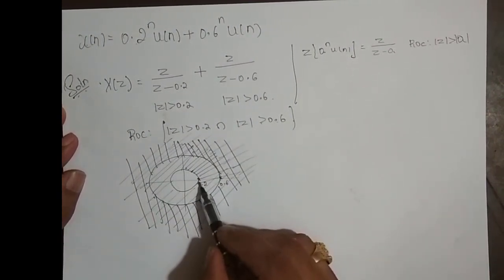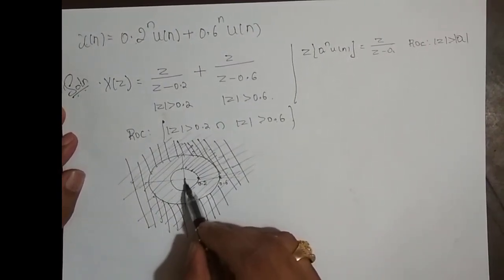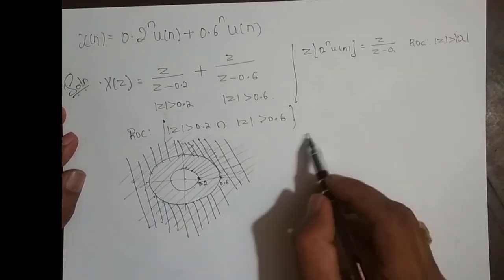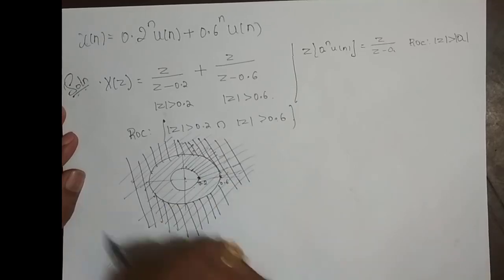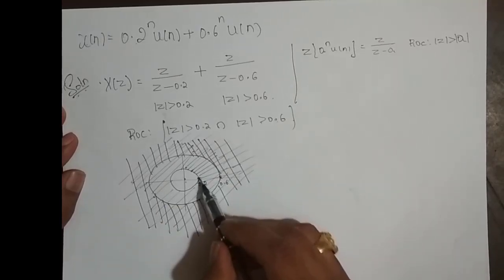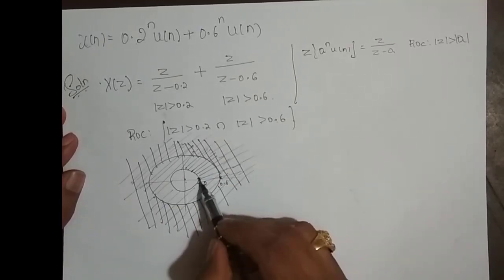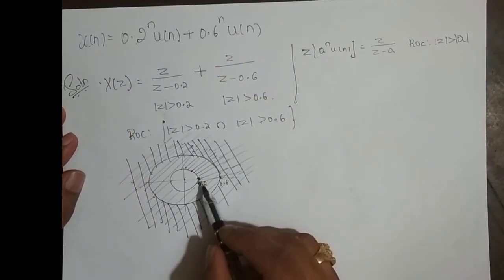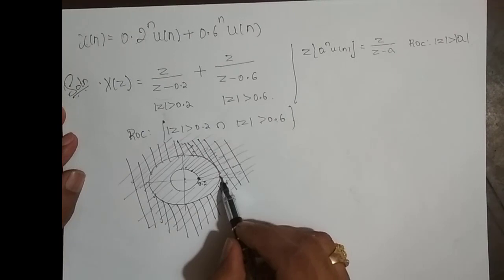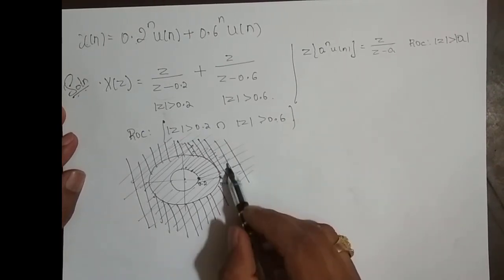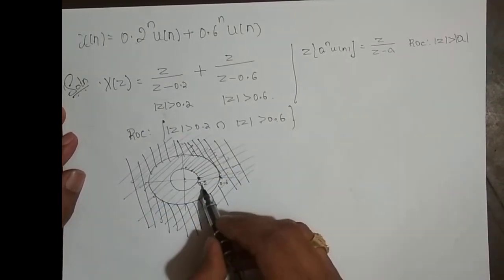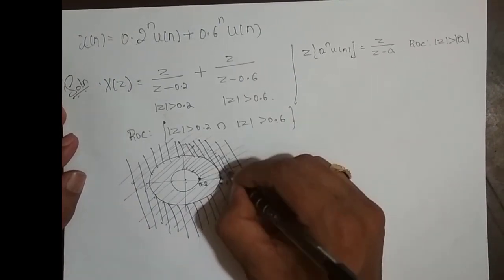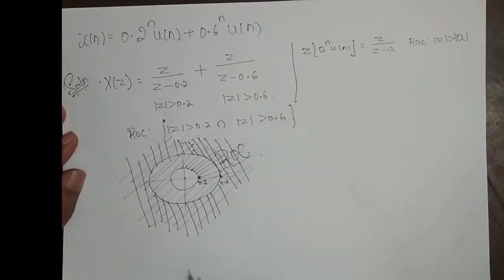From 0 to 0.2 there is no ROC, whereas from 0.2 to 0.6 we have ROC of only the first sequence, which is 0.2 power n u of n. Whereas from 0.6 onwards the ROC covers both the 0.2 circle's ROC as well as the 0.6 circle's ROC. So this is the combined ROC.